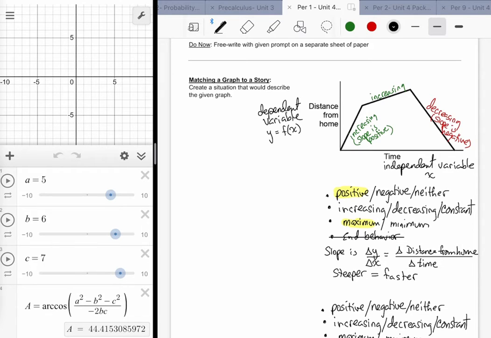So a steeper slope is a faster rate of change. So it's increasing at a faster rate. What happens if it's negative? Well, that just means it's decreasing at a faster rate if it's steeper. So you're looking at the steepness as an indication of how fast the change is occurring.